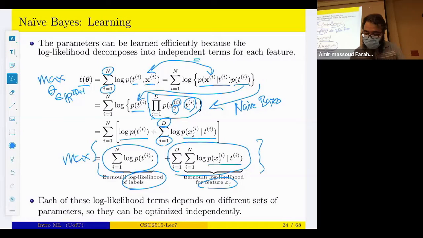And because each of these, like the prior distribution or each probability of Xj conditioned on T, is parameterized by a different parameter, we can optimize each of them separately. We can decompose this optimization problem that depends on 2d plus 1 variables into 2d plus 1 small optimization problems. So you may need to think a little bit about this, but that's what we get.